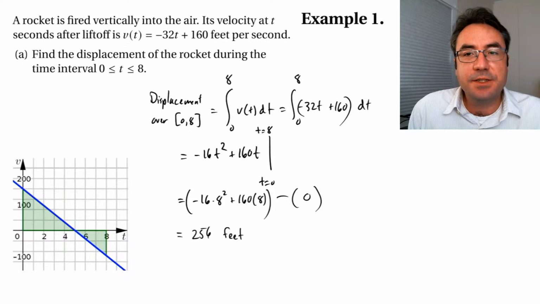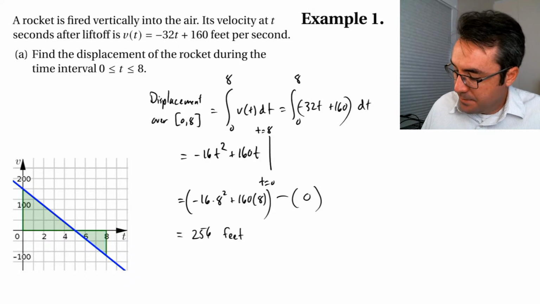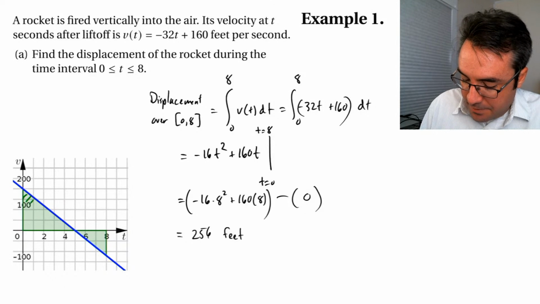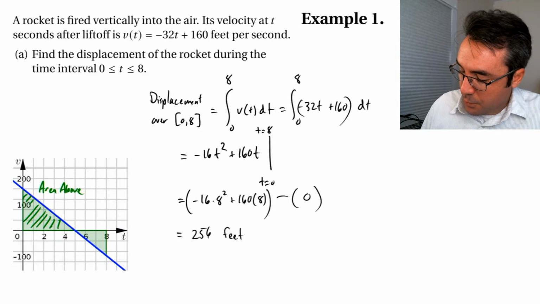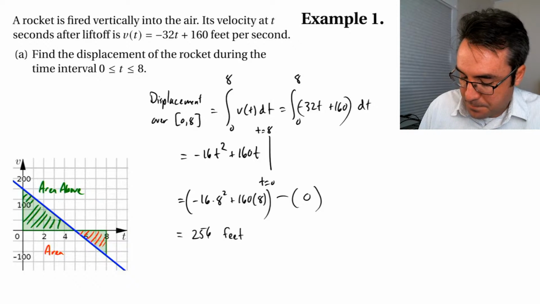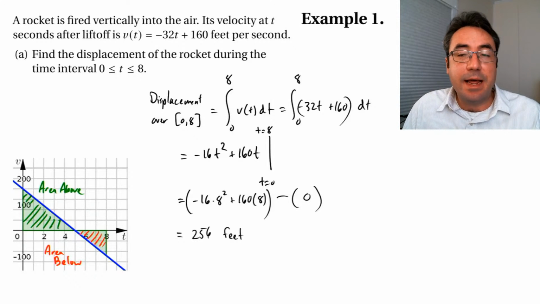What we've done essentially is look at the area above the horizontal axis and the area below, and we're looking at that net area.